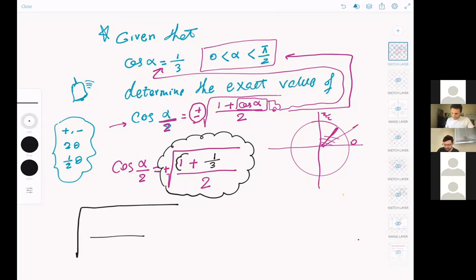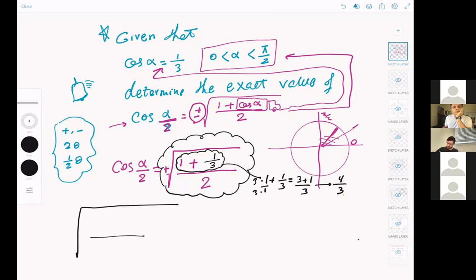I'm going to simplify this part first, which is 1 plus 1 over 3, equal to 3 plus 1 over 3, equal to 4 over 3. I find the common denominator, multiply by 3.